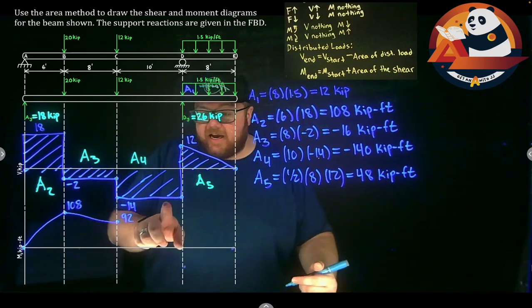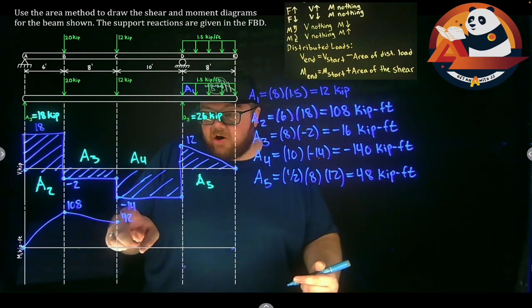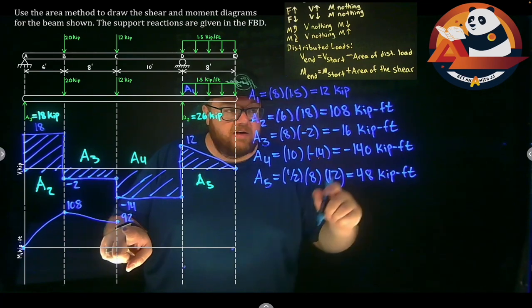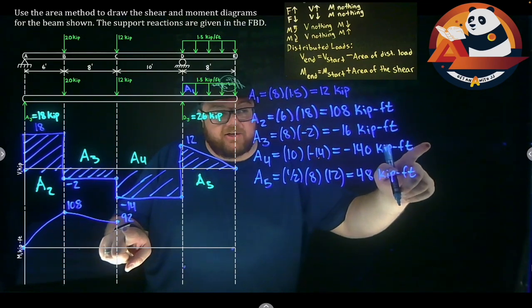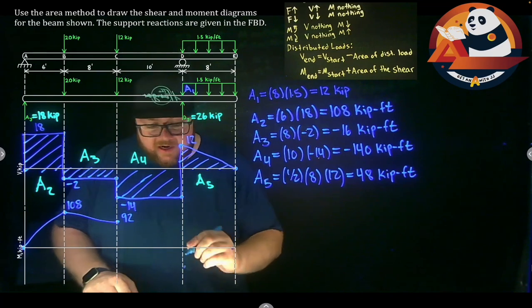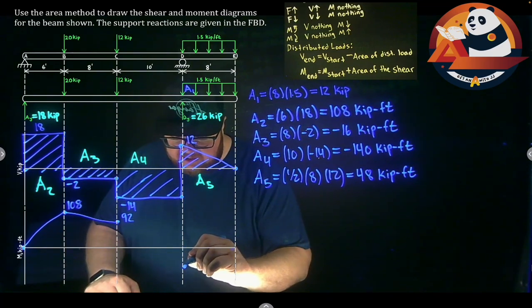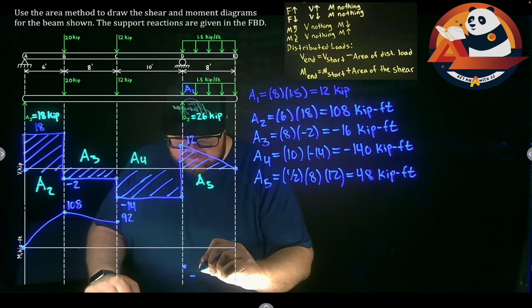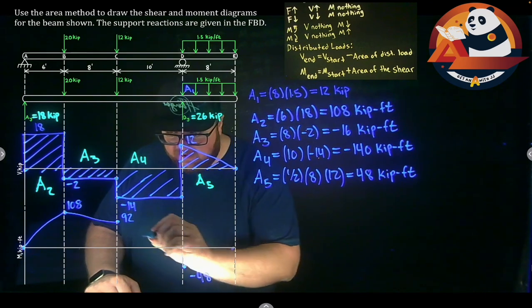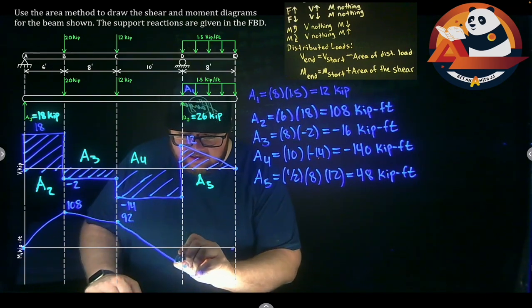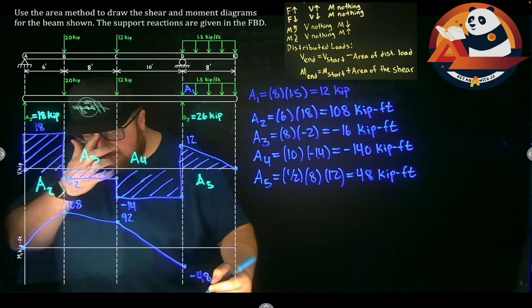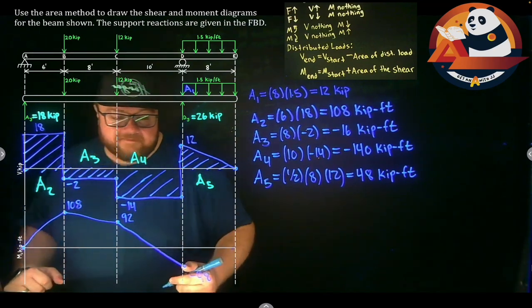The moment at the end of area 4 is going to be the moment at the beginning, 92, plus our distributed load. 92 minus 140 will get us all the way down here to -48. And again, we have a linear function there, because we had a constant shear.